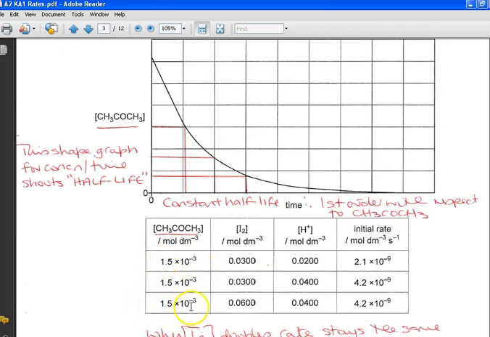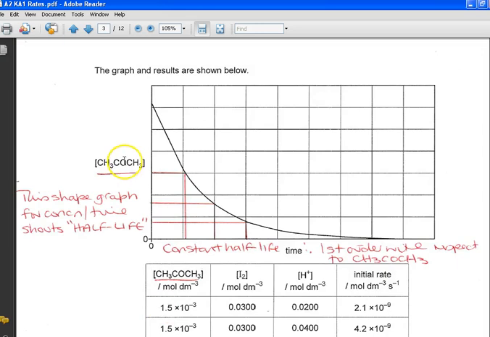The fact that you were given the same concentration for this reactant, yeah? And here we are, hey presto, here's our graph. So this shape, and you must know the shapes of your graphs, yeah, should shout to you that this is going to be a half-life graph.